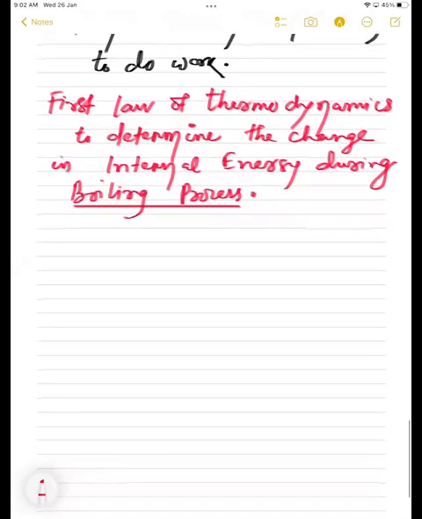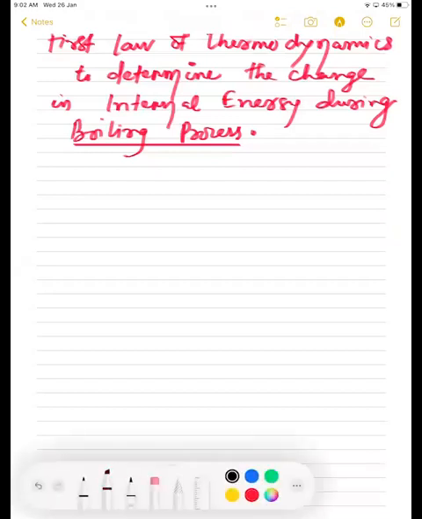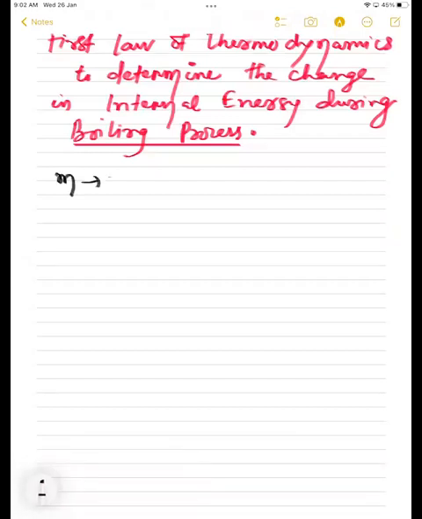Correct, students? Students, see, let m be the mass of liquid heated at the temperature of its boiling point, so that it changes into vapor at a pressure P. M mass of liquid heated, right?